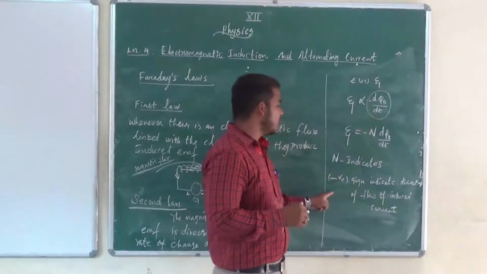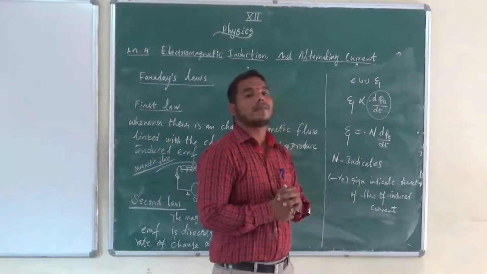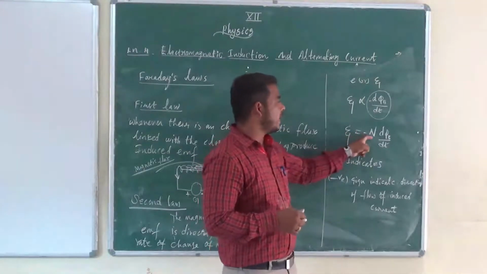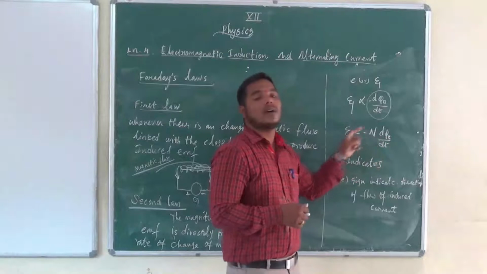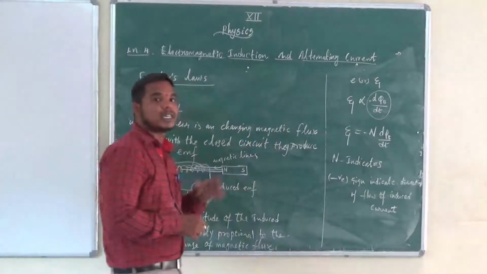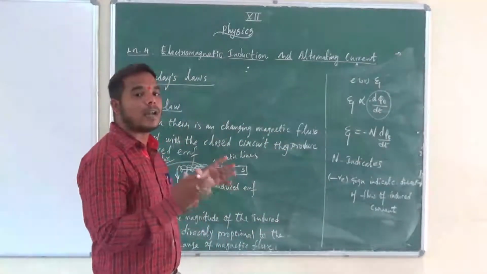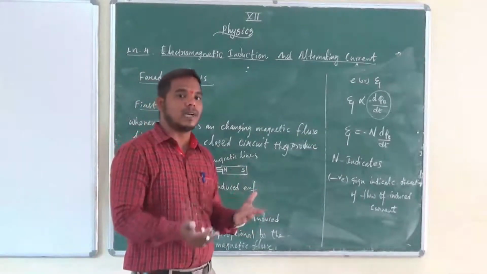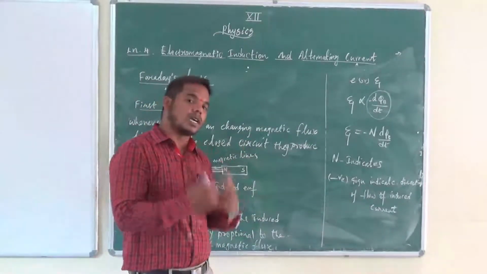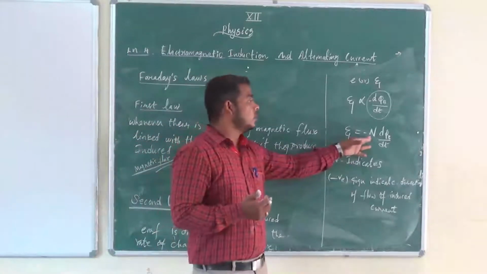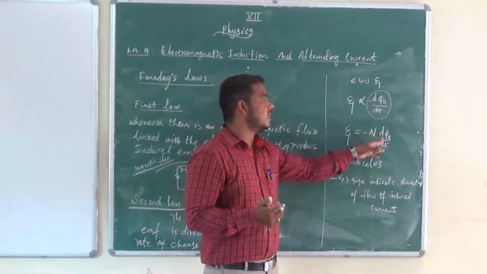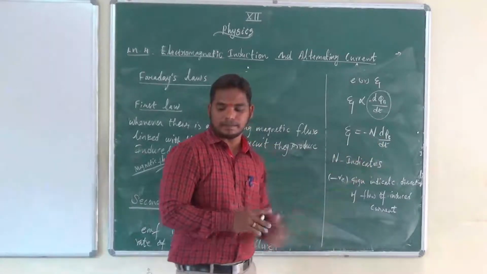The negative sign indicates the direction of flow of induced current, and the other equation is psi equals minus N dΦ by dt. Here N indicates the coil has a number of turns, maybe 5, 10, 20, 500, 5000, whatever. So we use N number of turns, that's why minus N dΦ by dt. Okay.